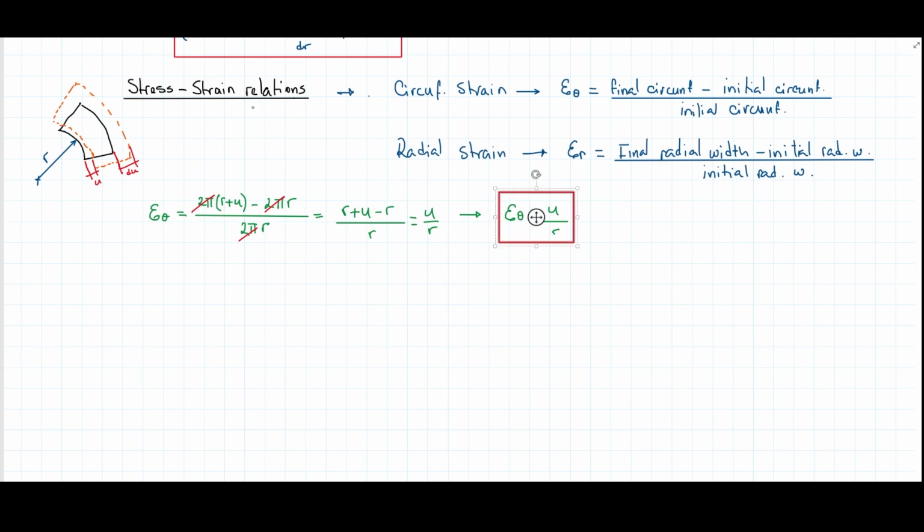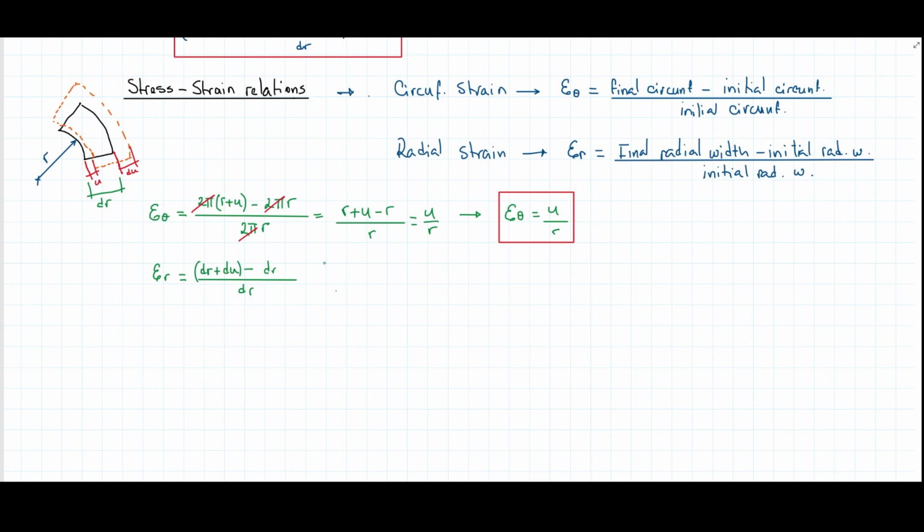And then in the case of the radial deformation or strain, let's start again with the initial radial width, so we can see the final very easily. The initial radial width was all of this, and all of this is dr, because that's the initial one. What's the final? It's going to be dr plus this small variation here, that is du.